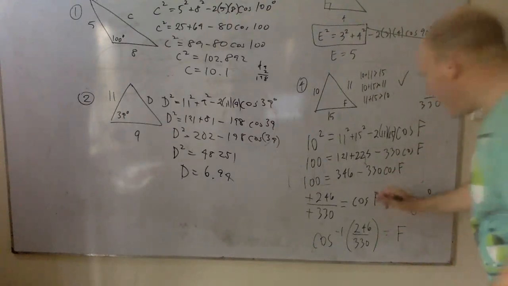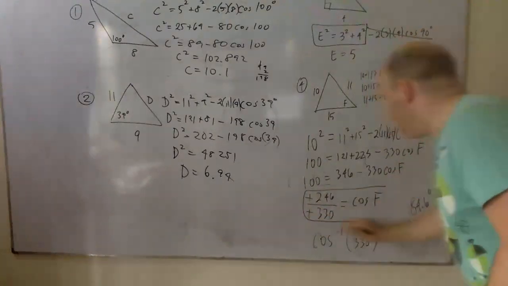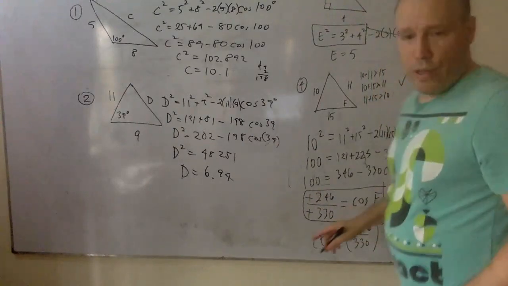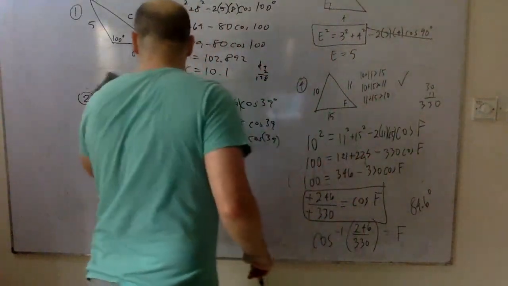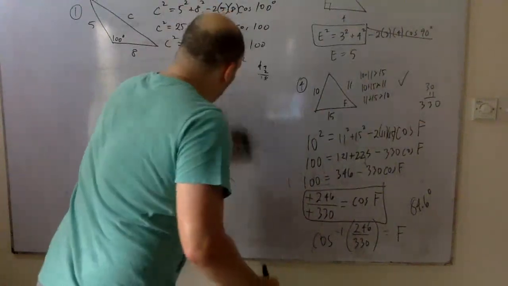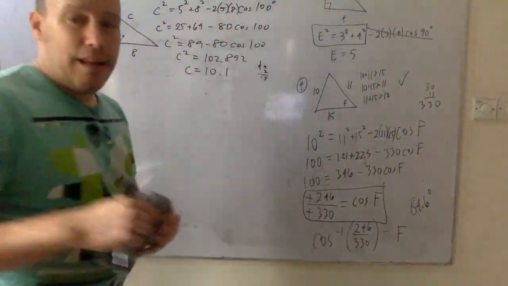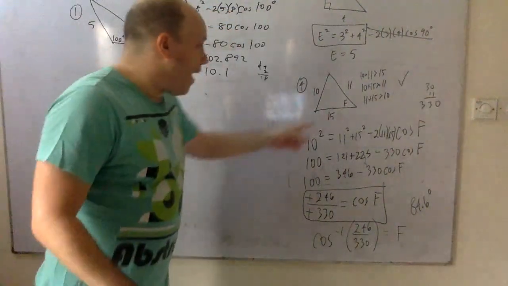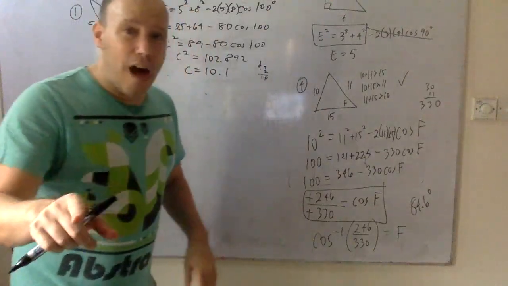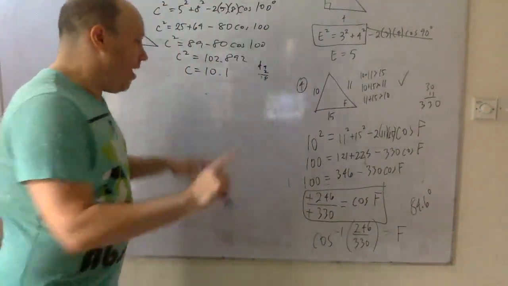The point I want to make here, let's take a look at right here. This was great because immediately we can tell what type of angle F is. Unlike sine, we don't have a problem with cosine.